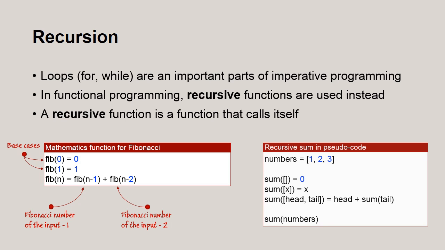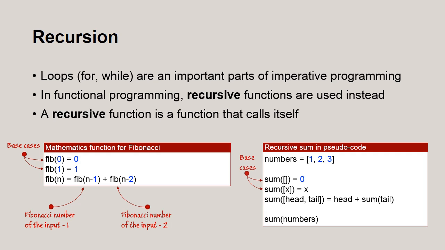Let's take listing 1.10 as an example. This pseudocode sums the numbers in an array using recursion instead of a loop, which is what you may be used to jumping straight to. This function defines two base cases that return 0 if there's nothing in the array, or if there's one item in the array, return that item.